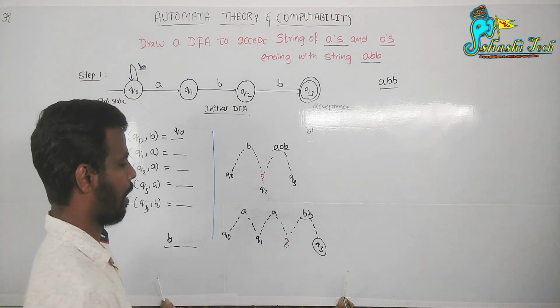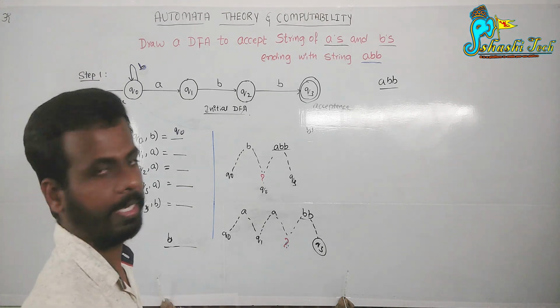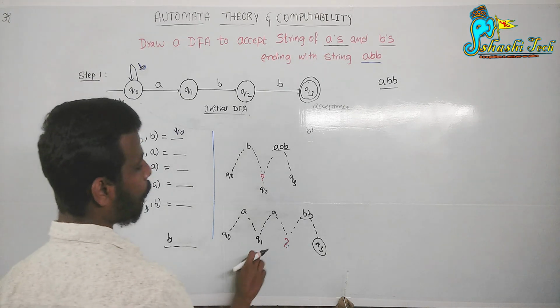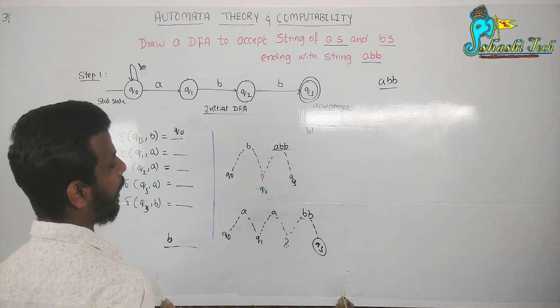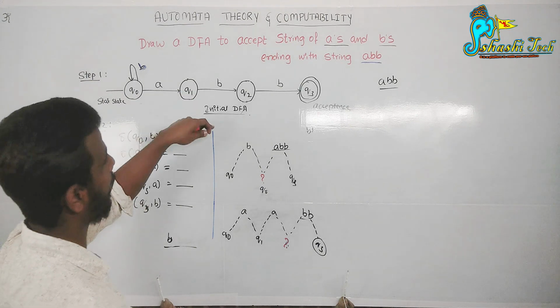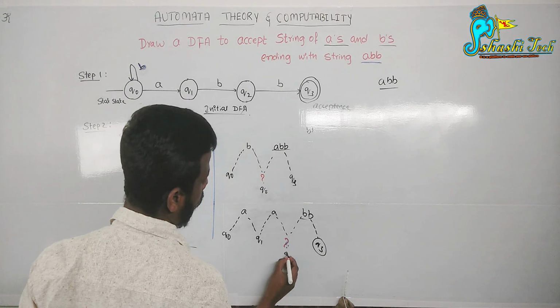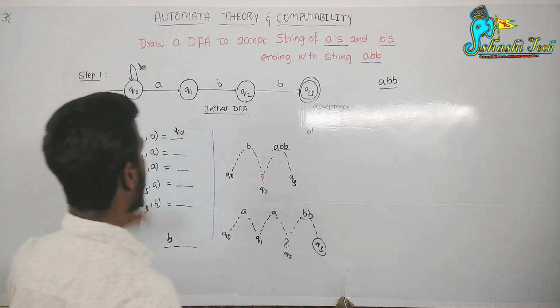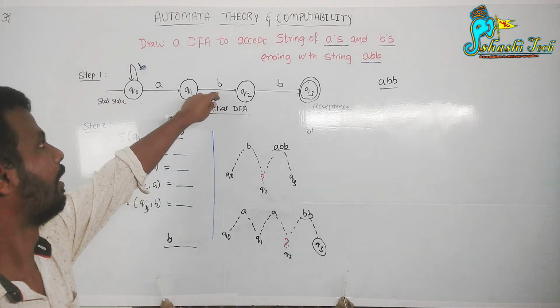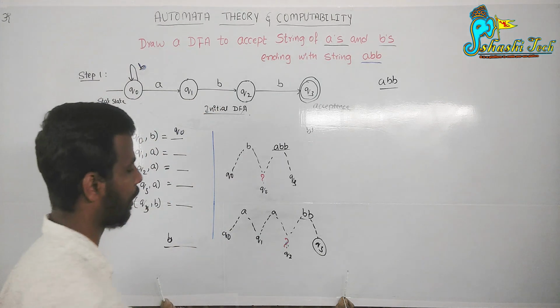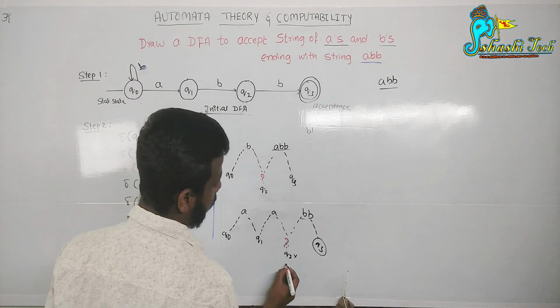Okay, finished. Let us see what we shall write here. You tell me. Q1 upon accepting A, where should it reach? Shall I write Q2? No, you cannot write it because the transition of B is present already.